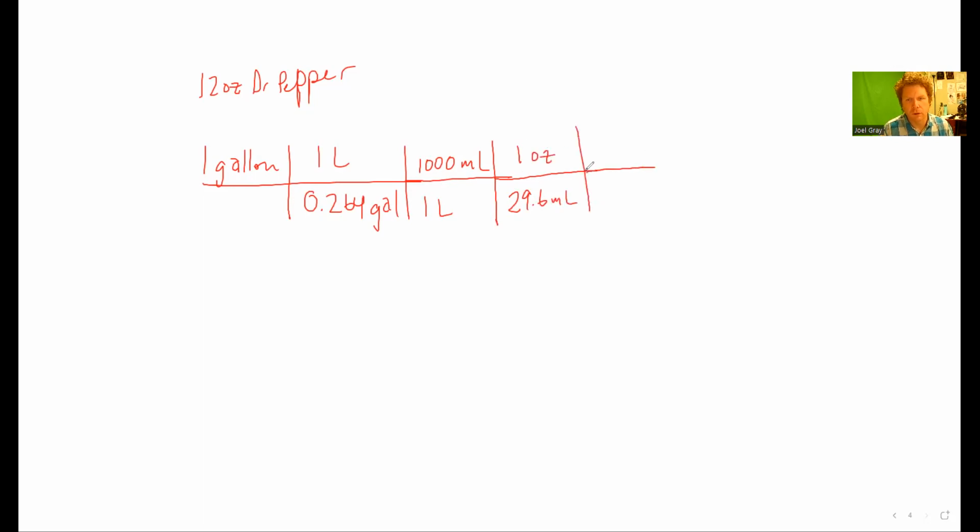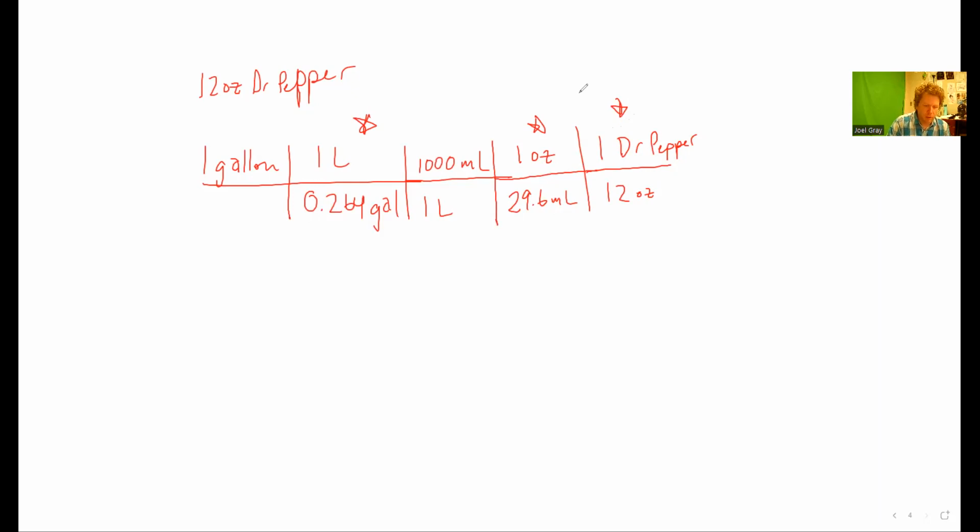Then the last conversion is 12 ounces is 1 Dr. Pepper. So this was provided to you in the question. This was provided to you in the question. This last one, 1 Dr. Pepper is 12 ounces, might seem a little bit funky, but that's our ratio. 1 Dr. Pepper is 12 ounces.